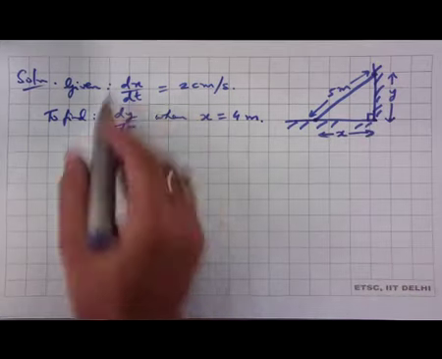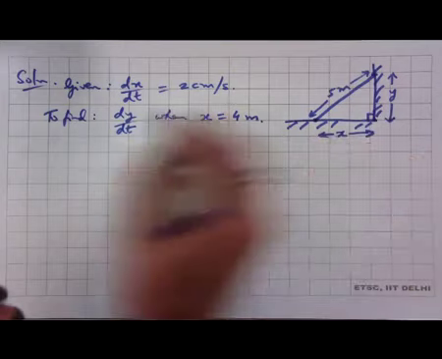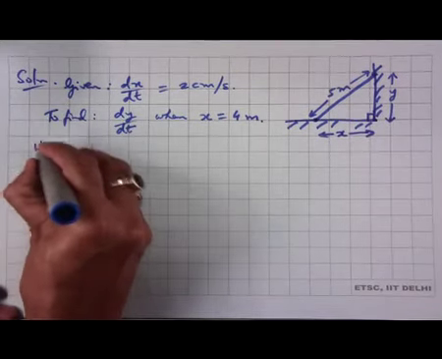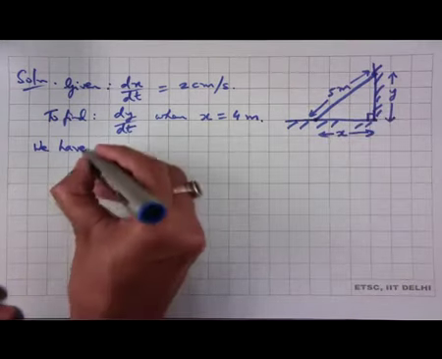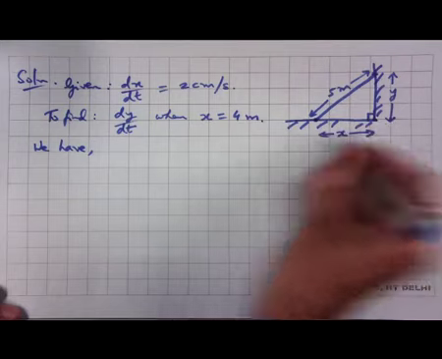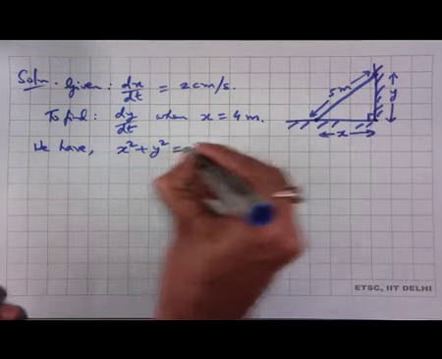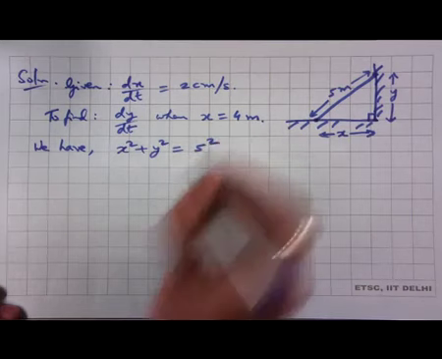Now, how do we find this? Let us see what is the relation between x and y. Because we have a right angle triangle here, by the Pythagoras theorem, x squared plus y squared must be equal to 5 squared.